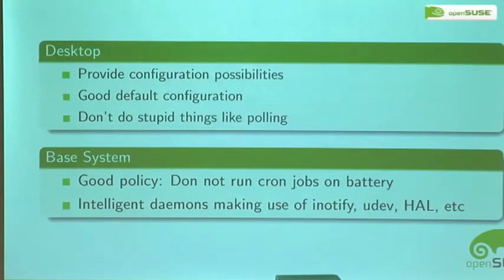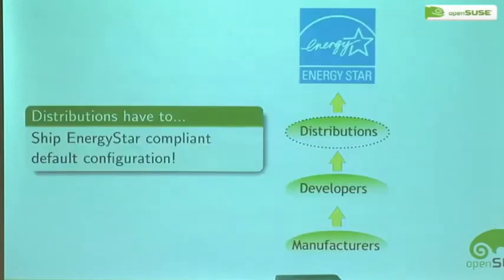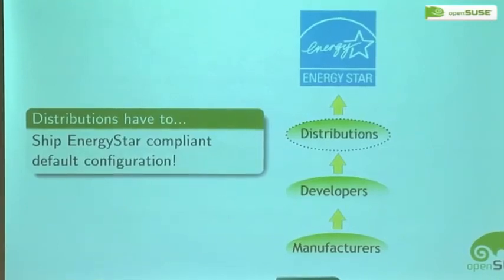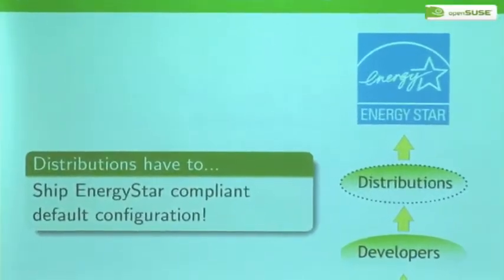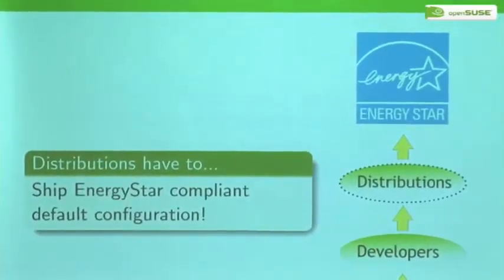And you of course need a good default policy, something like not running cron jobs on battery and things like that. So coming to the distribution, they actually have the easiest part of the whole stack, but they can also break the whole stack. They just have to ship an Energy Star compliant default configuration.